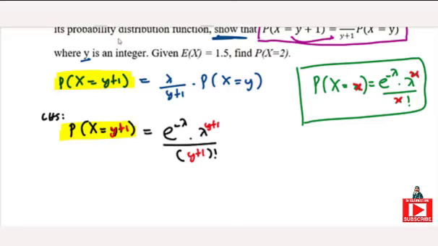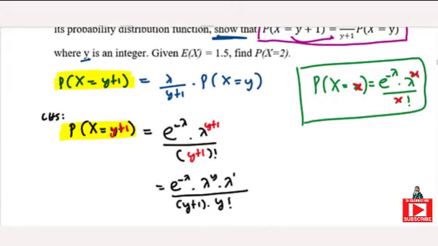Okay, next step, try to adjust e power negative lambda, lambda power y, lambda power 1. This is index one. We separate this one into two parts. And this one, we separate into y plus 1 times y factorial. Okay, why?